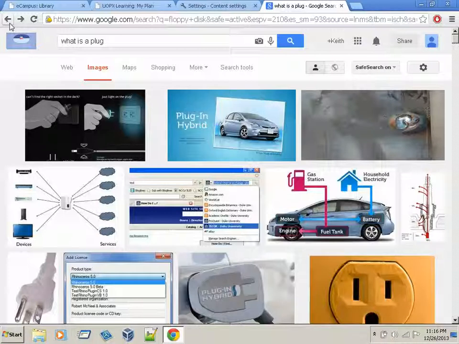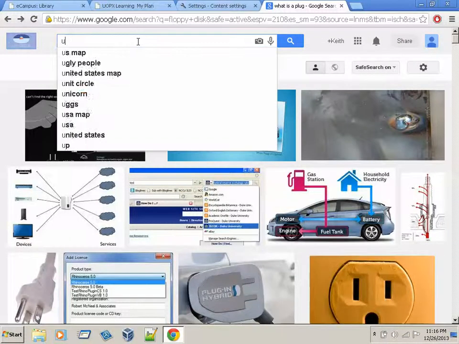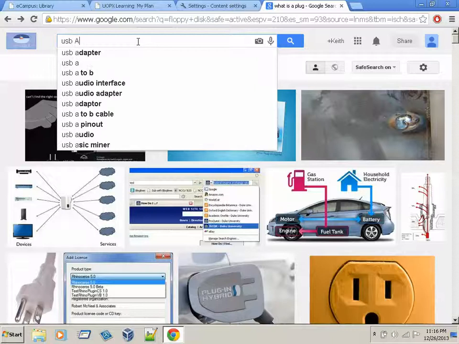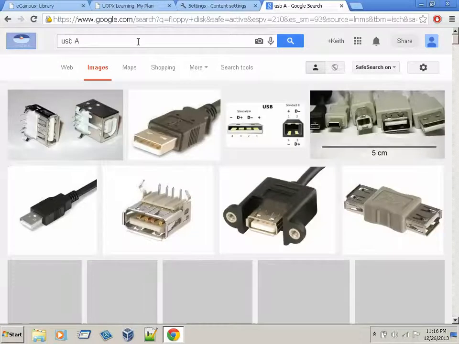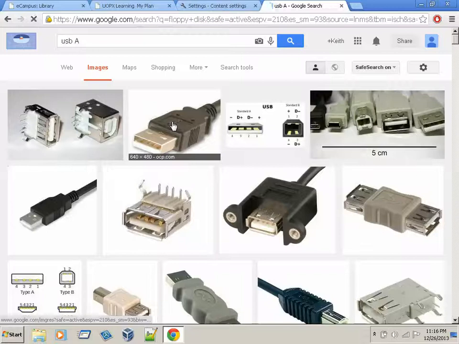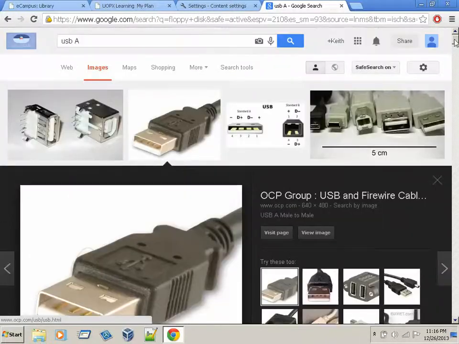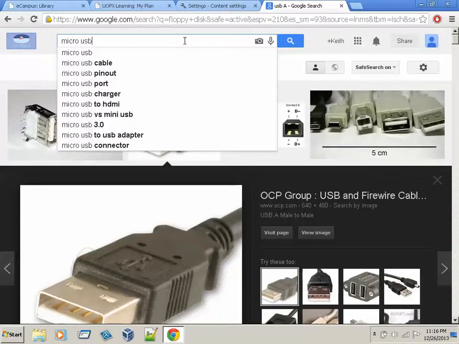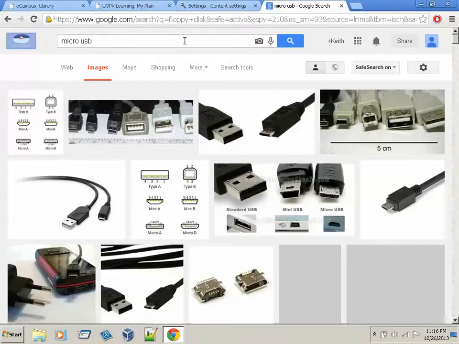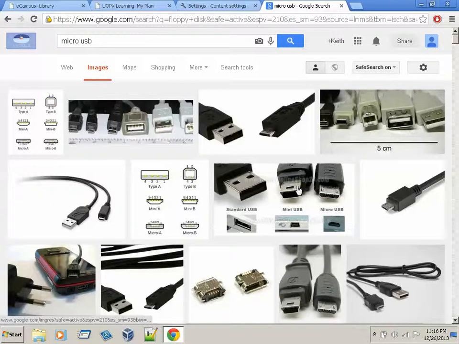So next they went on to USB A, and that's our main USB. And this first picture here is the picture of a USB A, and then there's micro USB for smartphones, and most of us have smartphones, so we know what micro USB is today, and that's one of the most common now for cell phones.